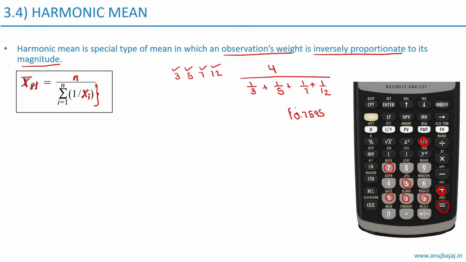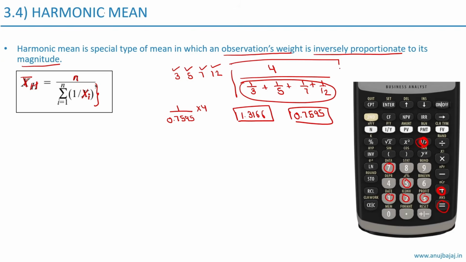This 0.7595 is the sum of the reciprocals of these observations. Again you press 1 by x and you should get 1.3166. So this 1.3166 is the value for 1 divided by 0.7595. And now multiply this by 4. We should get the answer for this entire thing. So as you can see, without storing anything, without writing anything down, we have calculated this entire expression using the 1 by x function.